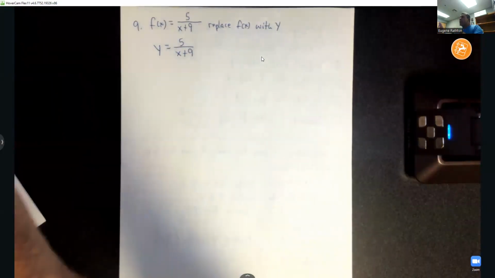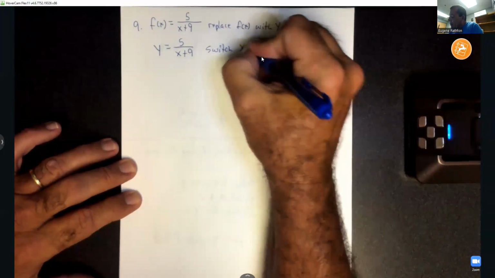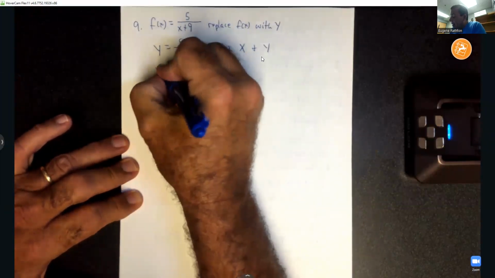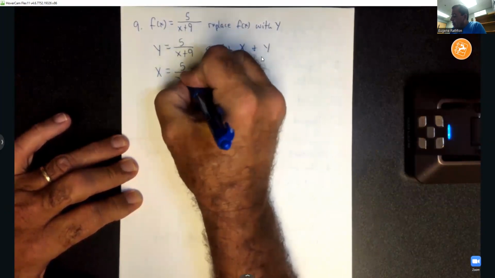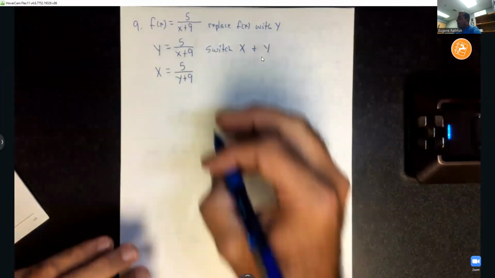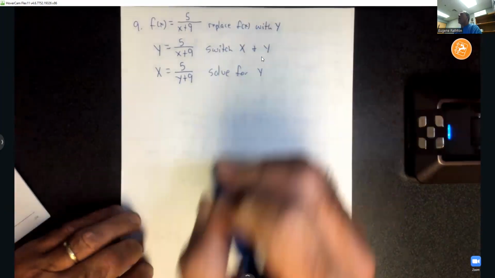Next, we're going to switch that x and y. So that's going to give me x equals 5 over y plus 9. So now we get to solve for the y.